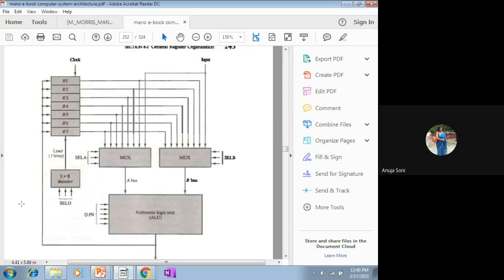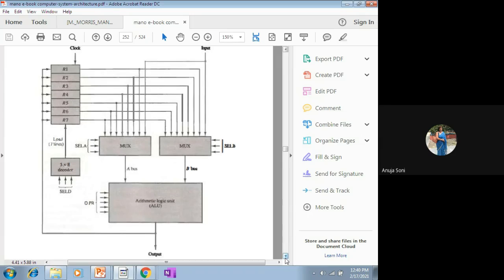That will be selected by a decoder, which has been incorporated here. There are select pins with 3 inputs and 8 output lines. In either of the registers, the resultant value will be stored.